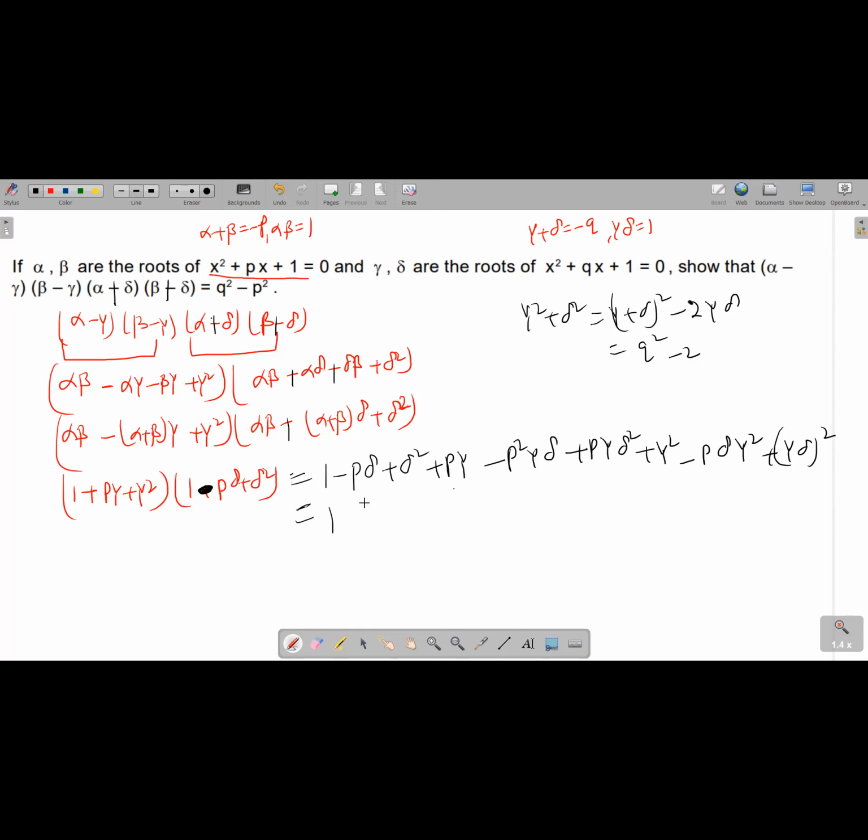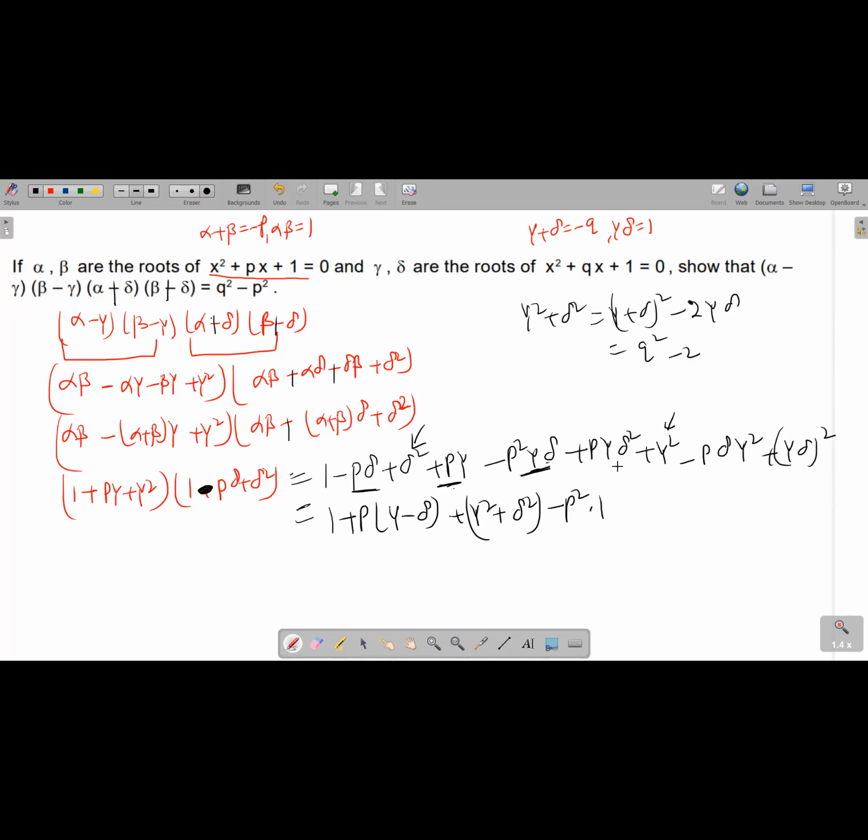Wait. Here you can see, take plus p out, gamma minus delta. And then you can see that this term and this term, you can bring together: gamma square plus delta square. Here you can see that minus p square gamma into delta is 1.